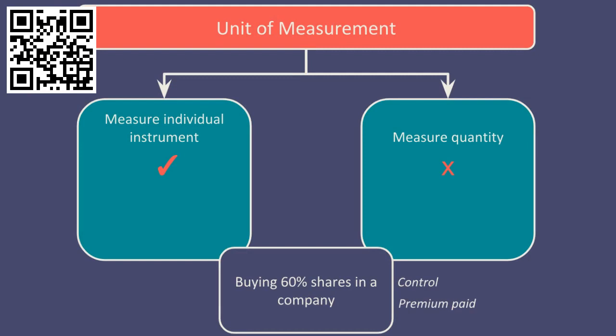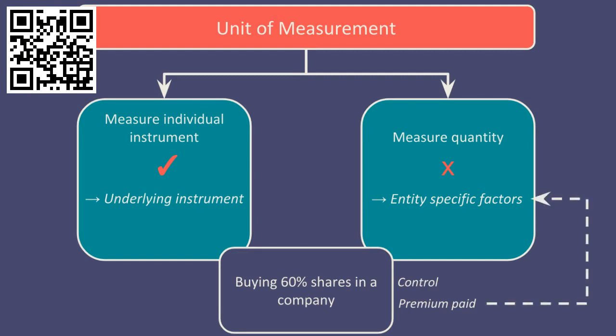But the objective of IFRS 13 is not to value according to entity-specific factors, but to value according to the underlying instrument itself, and therefore we must ignore those entity-specific factors. Now, the wording that we see in the standard is that the fair value measurement, therefore, will not be based on entry price, but will be based on exit price.